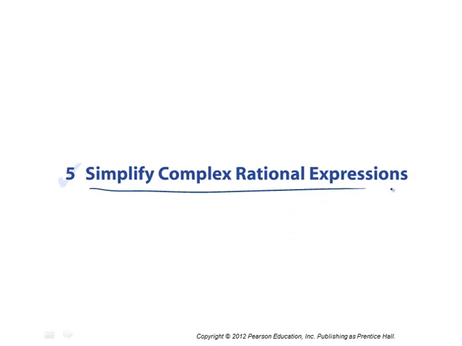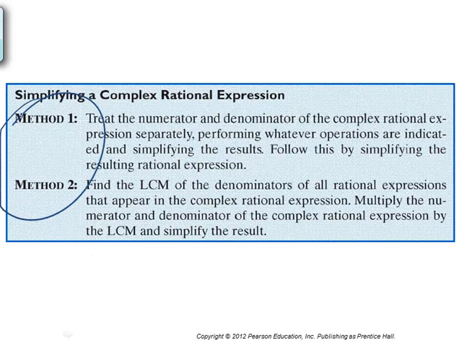Now when we talk about simplifying complex rational expressions, it's really just a complex fraction that we have a couple different ways that we can tackle. There's two methods right here. One way is to completely simplify the numerator, simplify the denominator, and then treat it as one fraction being divided by another fraction.